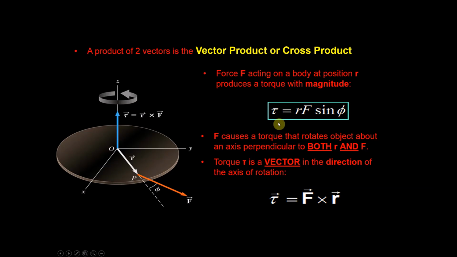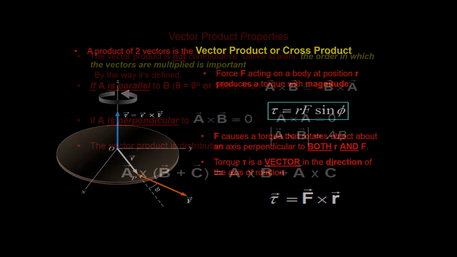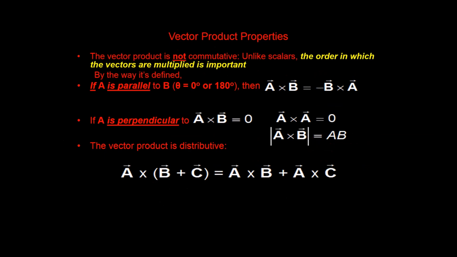So torque is R cross F or RF sine phi, phi being the angle between R and F. This results in torque rotating an object about an axis that's perpendicular to both R and F, 90 degrees to them. So you end up with torque in the axis of rotation in the previous case.